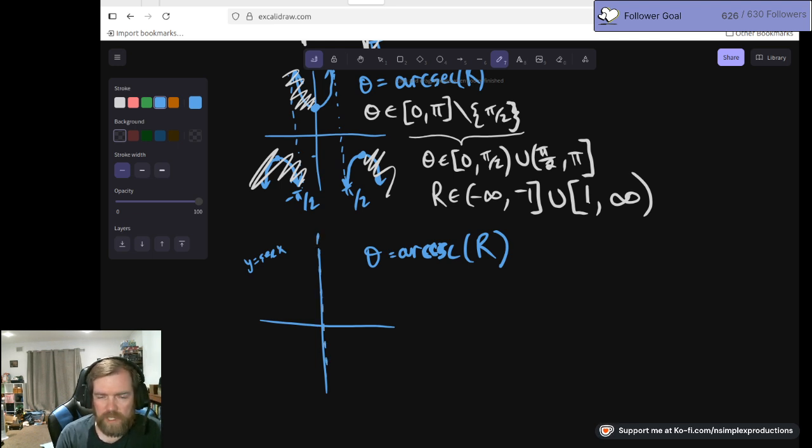The regular cosecant function has zeros at x equals 0, and at x equals pi, and at x equals negative pi, so all of our whole multiples of pi again.